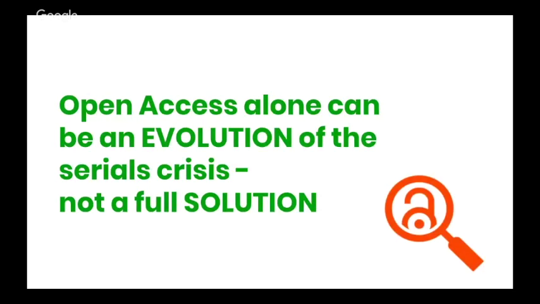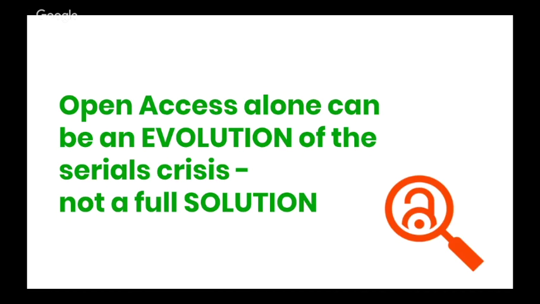So there's this realization that many are coming to terms with, that open access by itself can be an evolution of the serials crisis, but unless there are measures taken to introduce some competition among journals and to force costs down, this will not be a full solution necessarily.